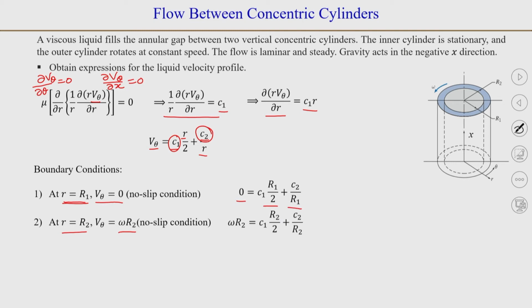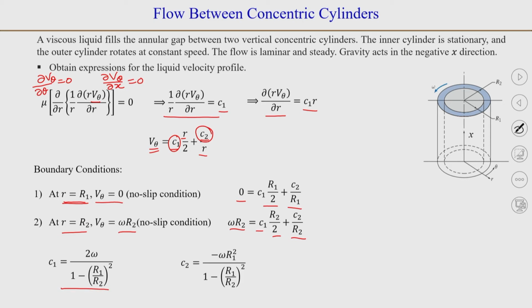The second boundary condition will give us that at r is equal to capital R 2, v theta is equal to omega R 2, which will be equal to C 1 R 2 by 2 plus C 2 by R 2. Now, we can simplify these equations and find the values of C 1 and C 2.